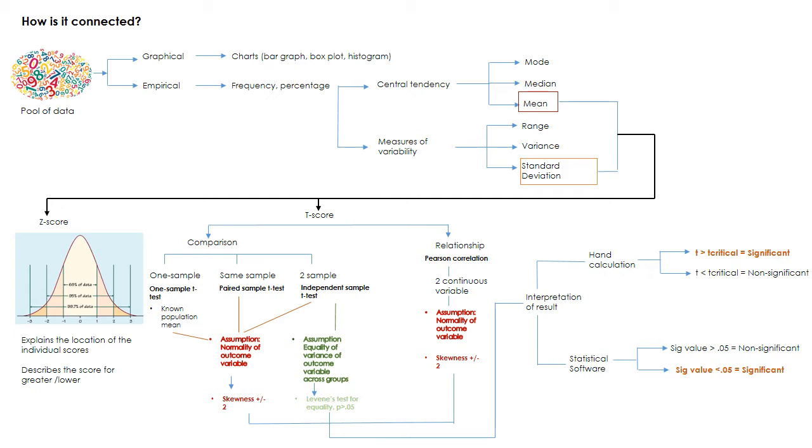But let's say that you have a huge data set, a big distribution of data, and you want to know more about it. So we can move on to central tendency. We can start to summarize the information to get more idea about your distribution of data. We use the concept of central tendency, where we summarize a pool of information into the mode, median, and mean.